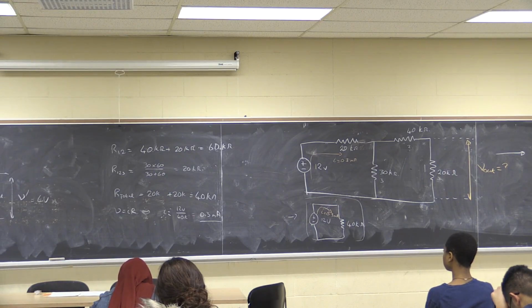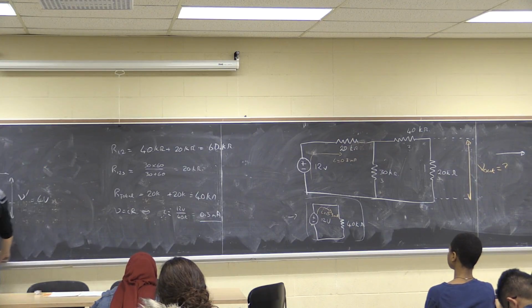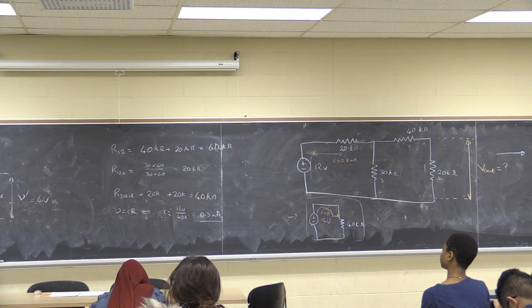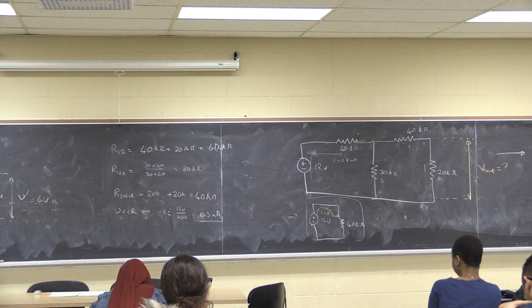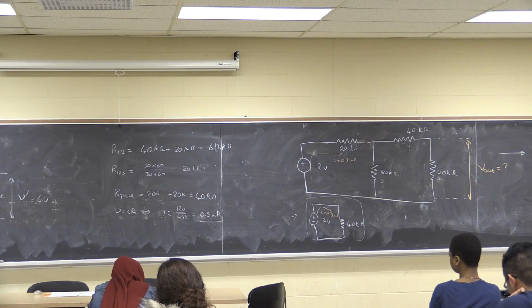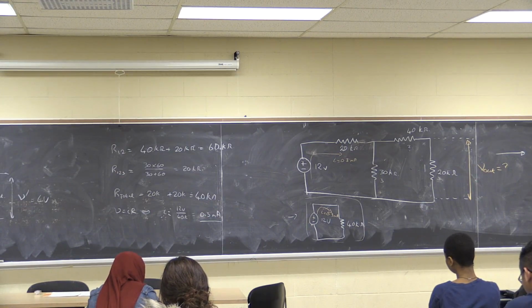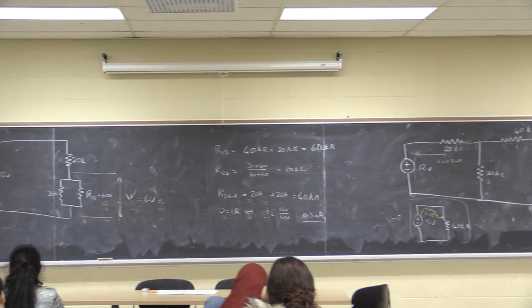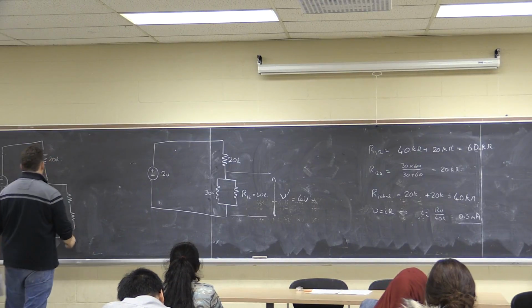So I need to rewrite this circuit one more time. So where can I draw that? Let's go here. So if I draw it as 12 plus or minus, I've got this is 20K, this is 30K, this is the original circuit, which is 40 and 20.